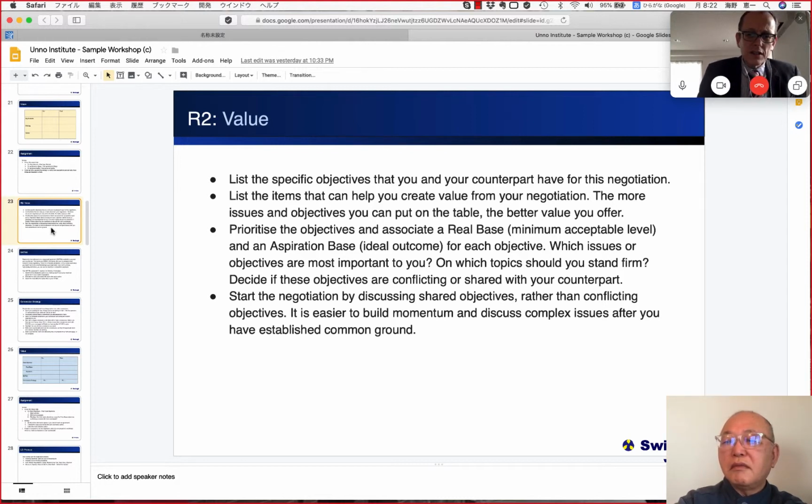So that is also something you're going to put to paper, and then you start to negotiate, looking for which objectives we have in common, which things we both want. This is the kind of collaborative negotiation that we talked about.